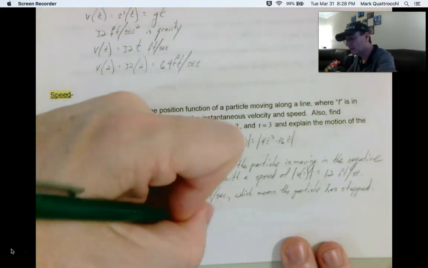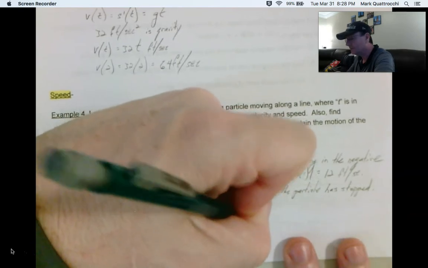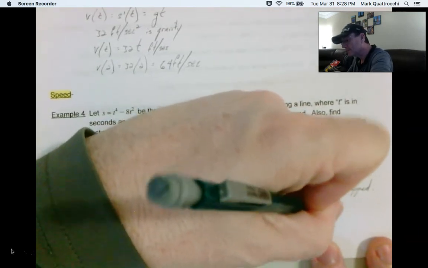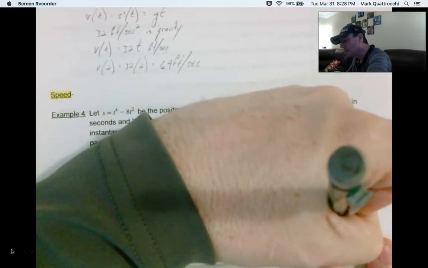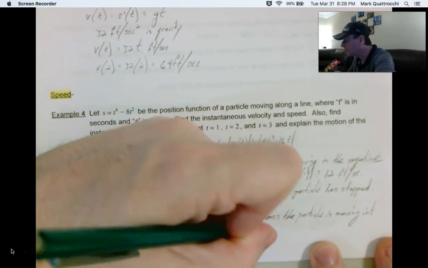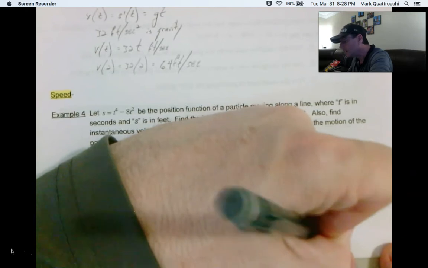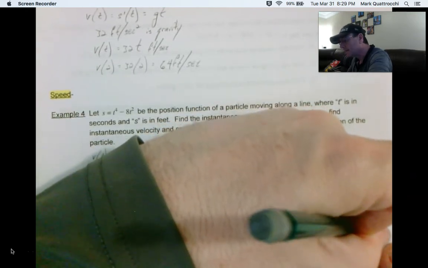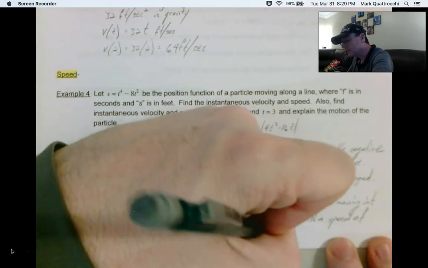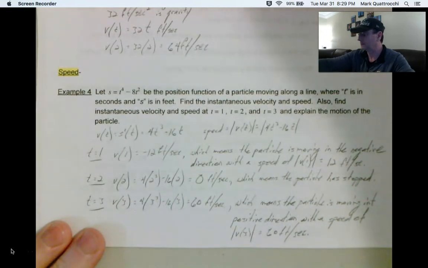This is equal to, if I pull up the calculator, 60 feet per second, which means the particle is moving in the positive direction with a speed of absolute value of v of 3, which is still 60 feet per second. There's example 4.